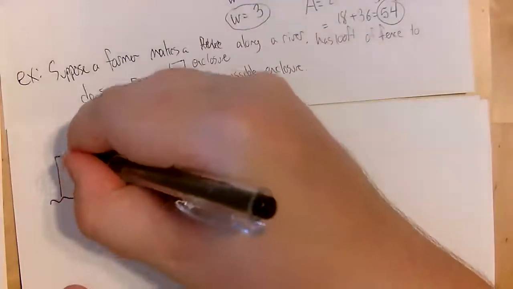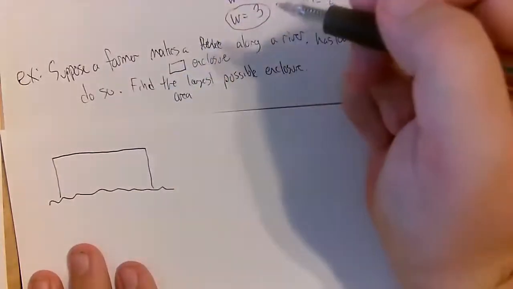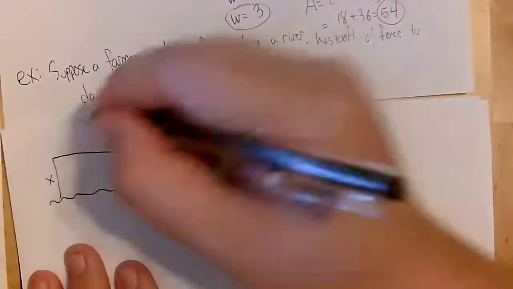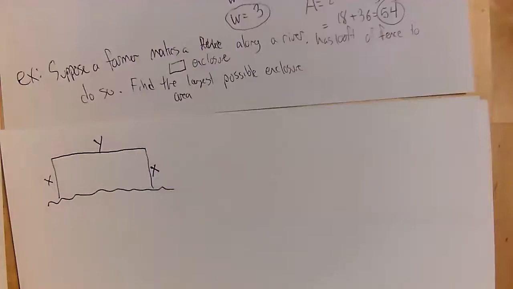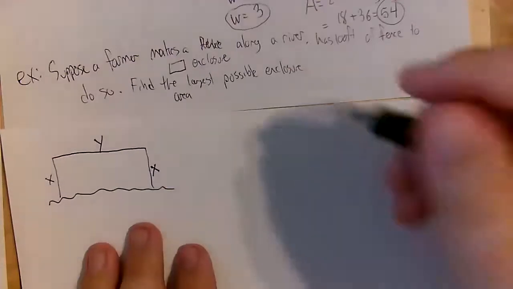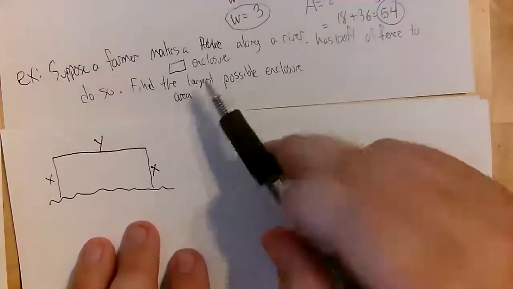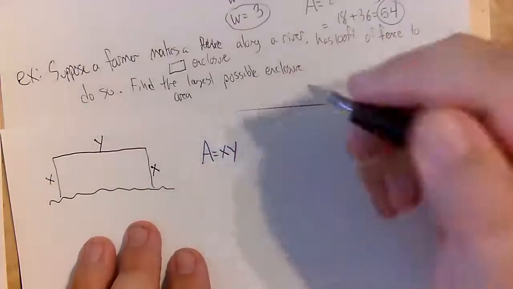What we're going to do is use our fencing to fill in the other 3 sides of our rectangular enclosure. And they didn't give us variable names for this, so I guess I'm just going to call this X right here, and then this other side will be Y. All right, and then what we're trying to find the maximum of, or what we're trying to optimize, is area. So we know that the area is going to be X times Y.